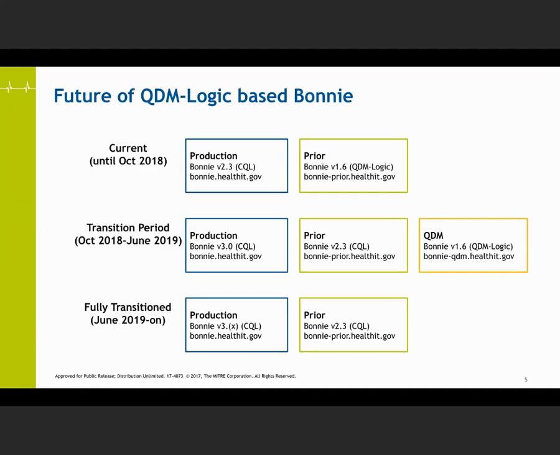It is also worth noting that starting this afternoon, Bonnie prior will be down for maintenance as we start this transition, and Bonnie production will be down for most of tomorrow. And Wednesday, bonnie.healthit.gov, bonnie-prior.healthit.gov, and bonnie-qdm.healthit.gov will all be up and running.